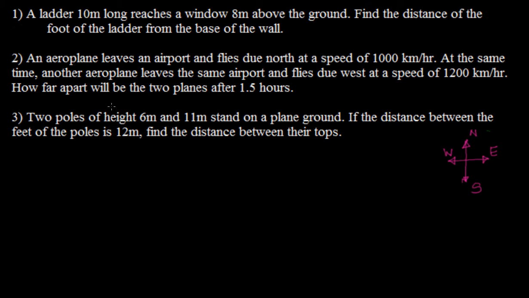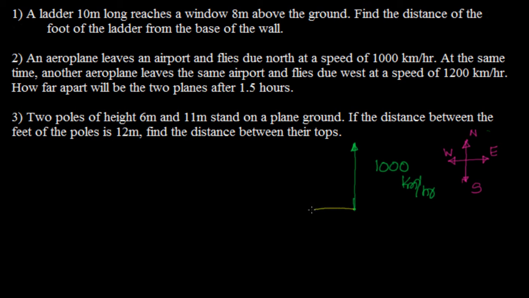An aeroplane leaves an airport and flies due north. Let us say this is the airport. From here, one aeroplane went in this direction, at a speed of 1000 kilometer per hour. At the same time, another aeroplane leaves the same airport and flies due west.